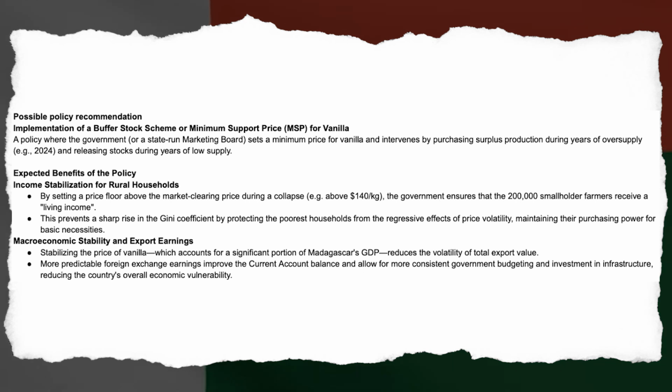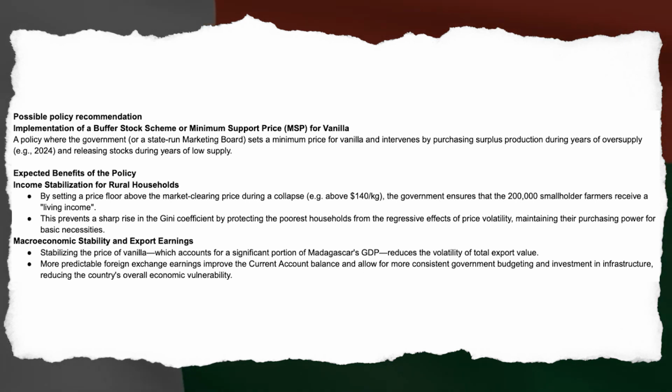Possible policy recommendation. Implementation of a buffer stock scheme or minimum support price (MSP) for vanilla. A policy where the government or a state-run marketing board sets a minimum price for vanilla and intervenes by purchasing surplus production during years of oversupply, for example 2024, and releasing stocks during years of low supply.